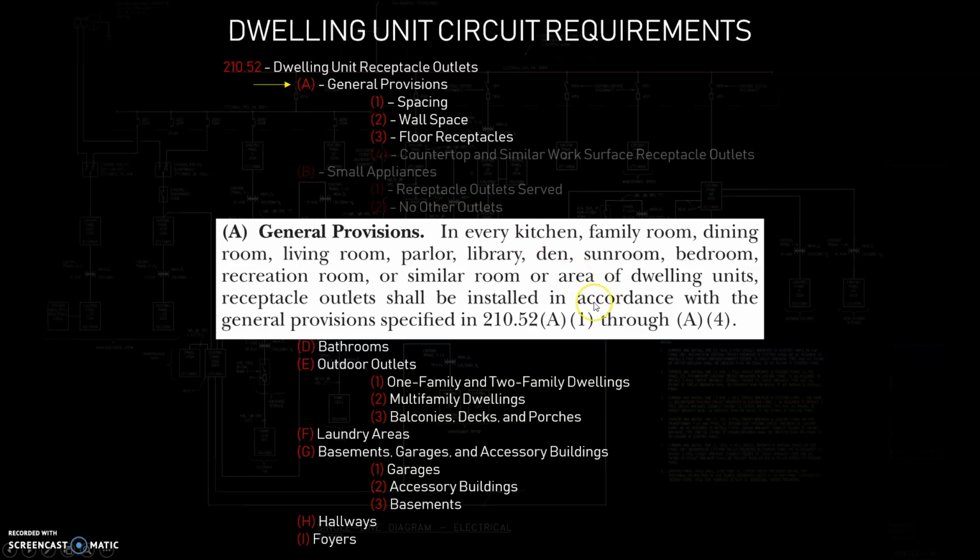They listed almost every room inside of a house except, let's rule them out: kitchens, bathrooms, unfinished basements, garages. Basically the stuff that's not listed separately down here. This is a catch-all, so anytime in any of these rooms, we have to follow this.